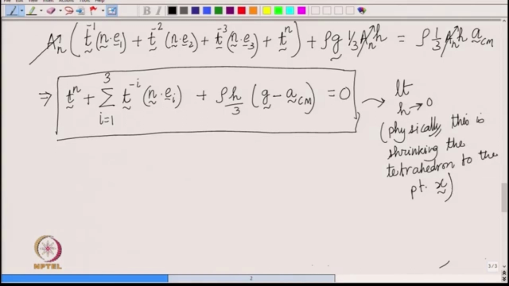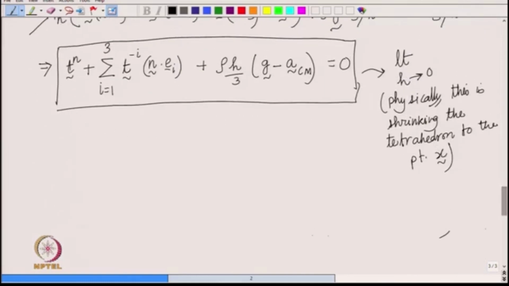Okay. So, can you now see what is going to happen as you take the limit h going to 0 on this? In this box inside you have got this term proportional to h. Can you see this term that you see here, that is proportional to h. So, in the limit this is going to vanish, is not it? So, in the limit this becomes 0.